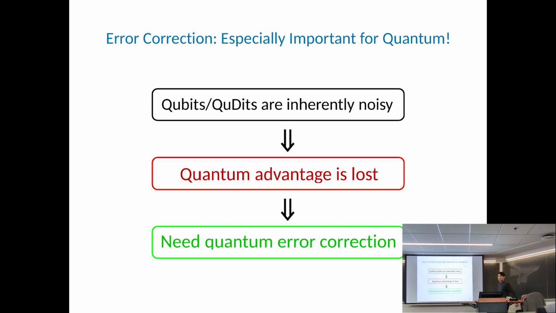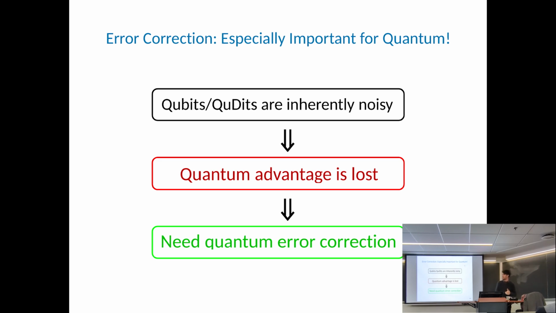Okay, error correction. So this is supposedly a talk about quantum error correction. And error correction exists in the classical world too, classical computation. But it's especially important for quantum because, like a lot of folks in the audience, you have laptops, and your laptop probably doesn't use classical error correction because your hardware is sufficiently good that you don't really need it.